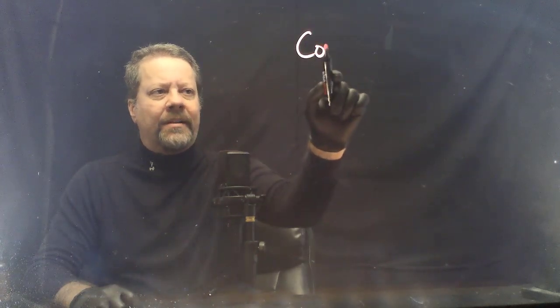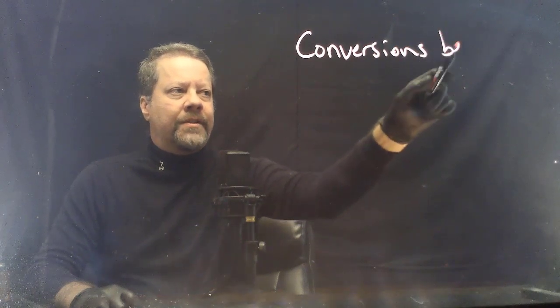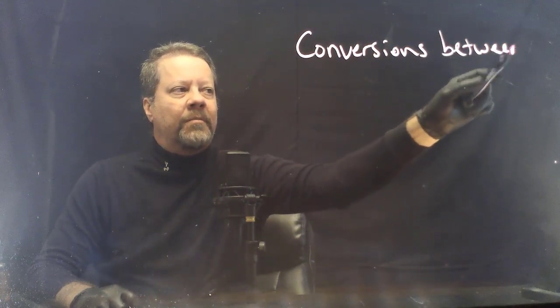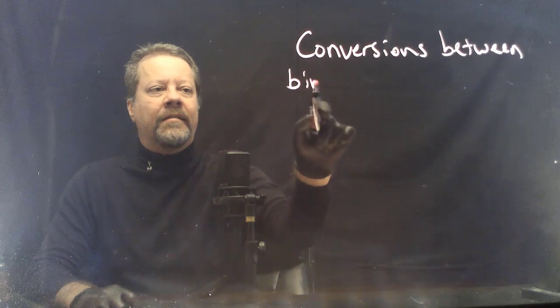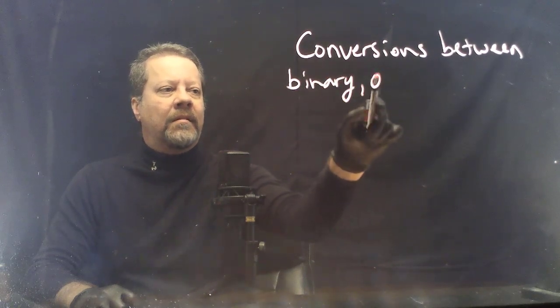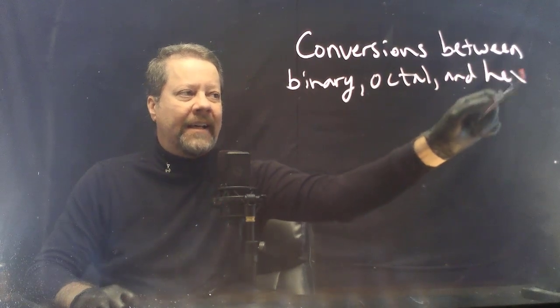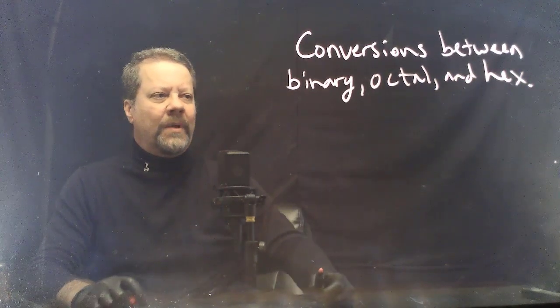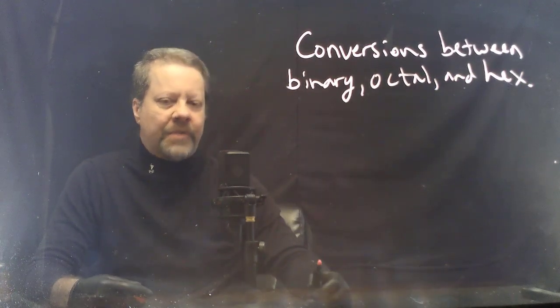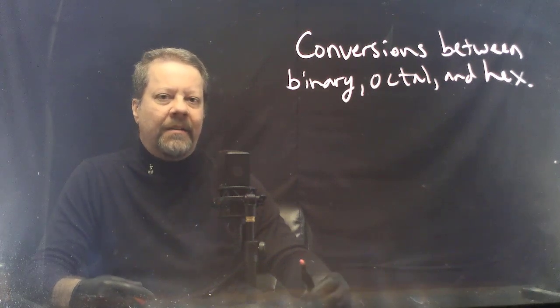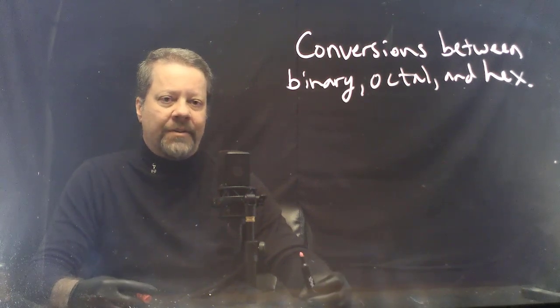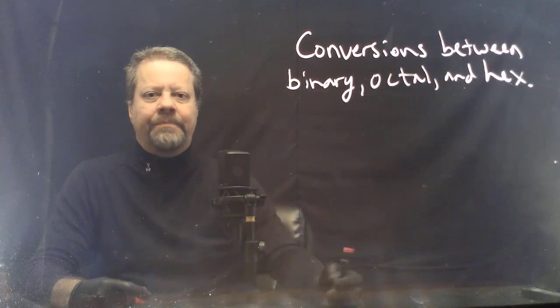We're going to consider conversions between binary, octal, and hex. We're going to see that these will have certain efficiencies based upon the fact that it's all based on powers of 2, whichever way you go.